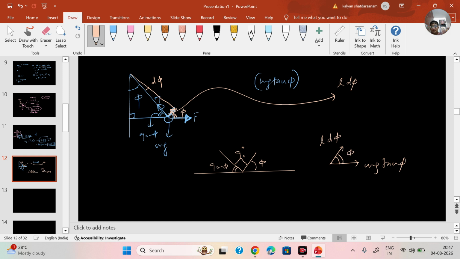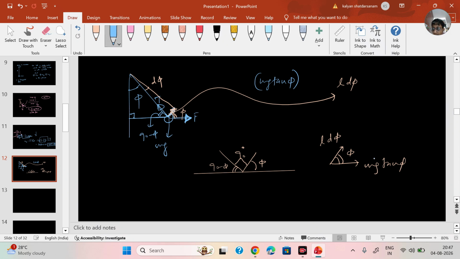Can you see that? Displacement is a straight line. Why is it L d phi? Actually, arc length is L d phi. If it goes in an arc like this with the d phi angle, arc length is L d phi. But if d phi is very small, this arc length is a straight line only, because d phi is tending to 0. So that displacement is L d phi.